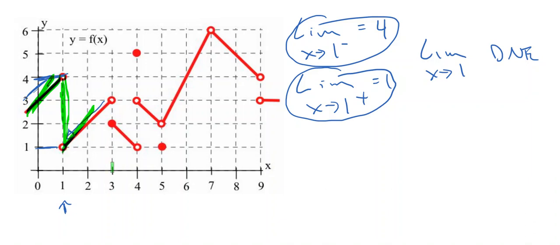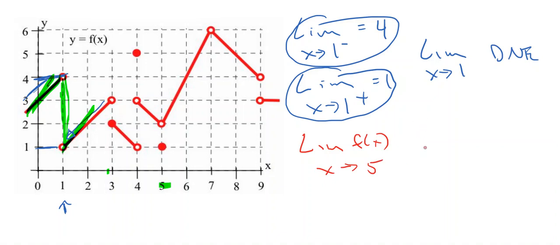Well, let's take a look at 5. Now, what is the limit of this function as x approaches 5? Not from the left, not from the right, but just the general overall limit.